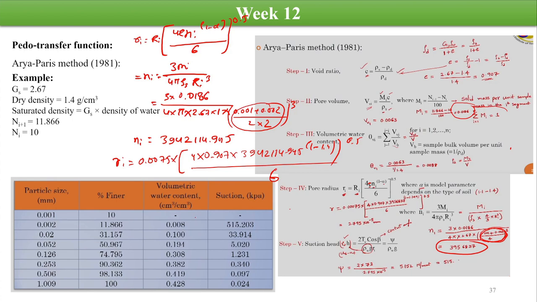Then it is divided by 6 to the whole power 0.5 and multiplied by 0.0075. Okay, so how much are we getting? We're getting 2.796 into 10 to the power minus 4. This will come in same value as this Ri.